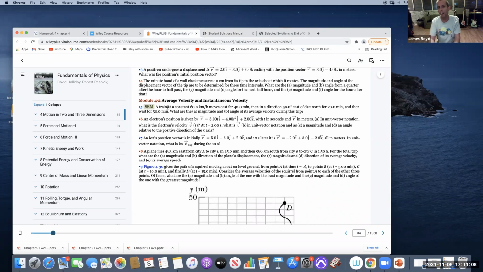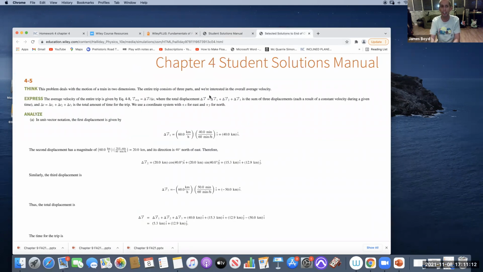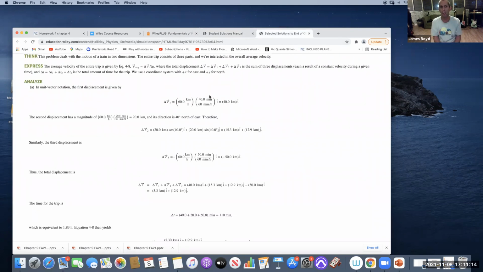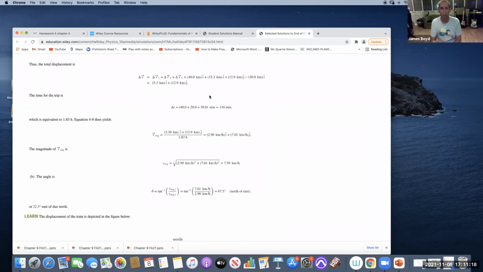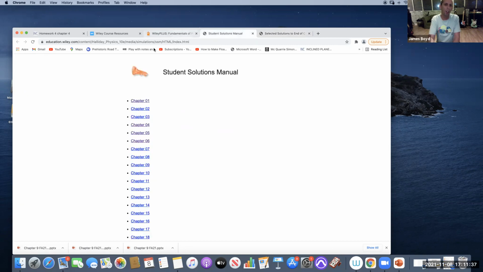And so you can go to these and try them, and then you can go through the student solution manual, and it gives a pretty nice think, express, analyze, solve, learn. So they do a decent job with some of them. I sometimes will assign them as actual homework, just so that you can go through and check yourself while you're doing your homework.